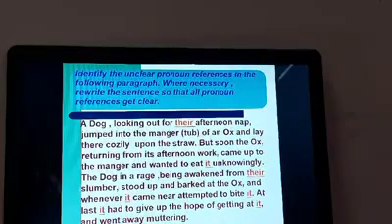A dog looking out for their afternoon nap jumped into a manger of an ox and lay there cozily upon the straw. That means a dog looking out for a place where he can take his afternoon nap.